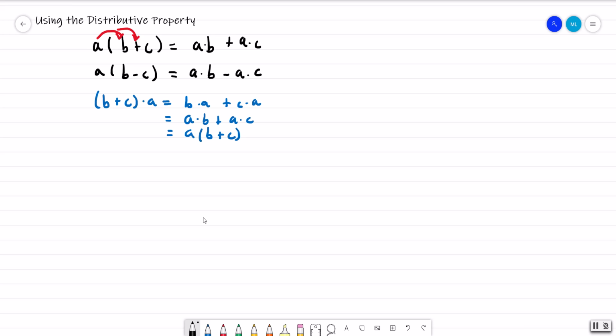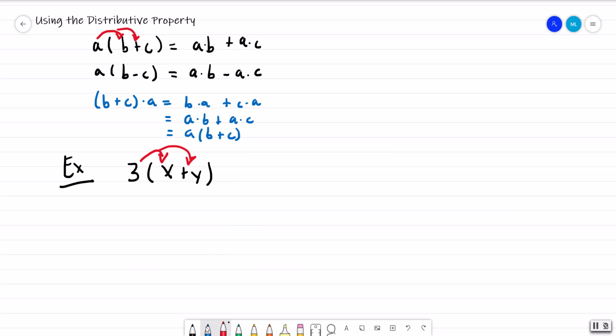Okay, but let's go ahead and look at some examples of where we use the distributive property. For example, let's say that we have 3 multiplied by x plus y. If we want to evaluate using the distributive property, all that we need to do is distribute the 3 to both x and y.